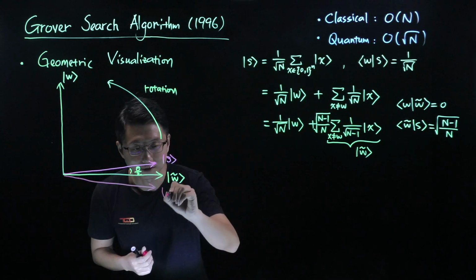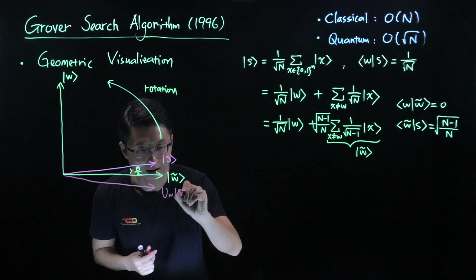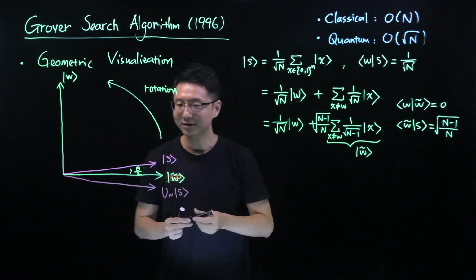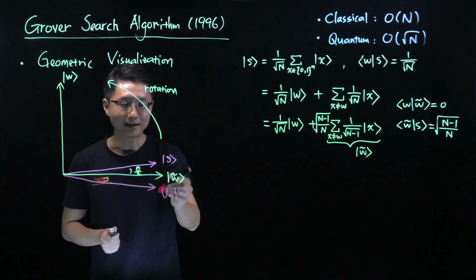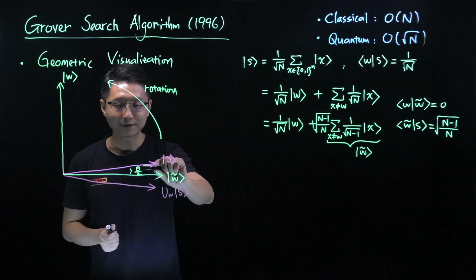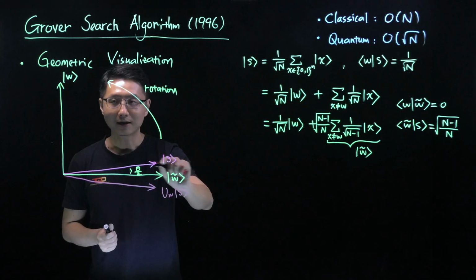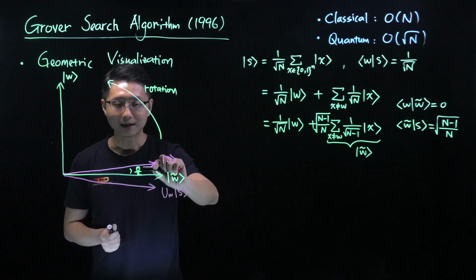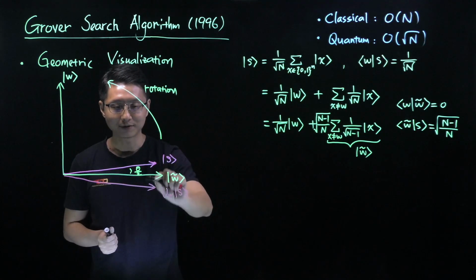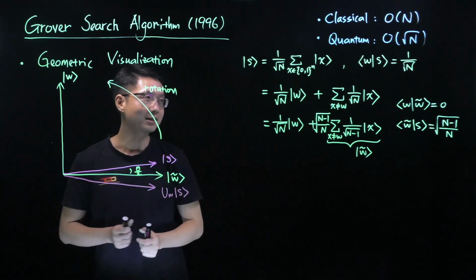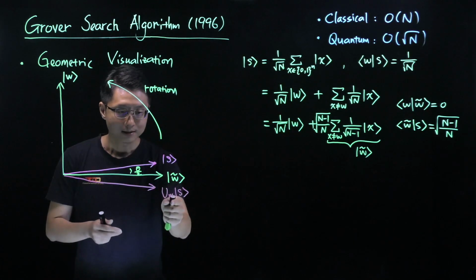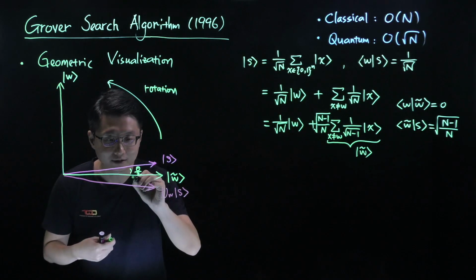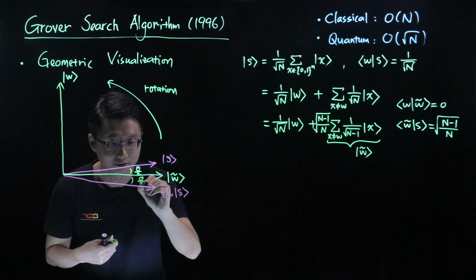So this state will be U_W S. Because as you can see, this reflection does not change the overlap between the S and W tilde, but it flips the phase. Originally, the overlap between the S and W is a positive value, but after the reflection, it becomes negative. So this is exactly what the oracle does that we wrote down before. So this is the first reflection, and this angle is theta over 2.